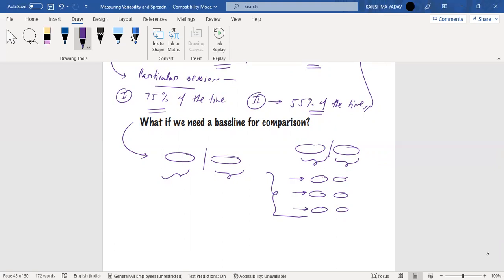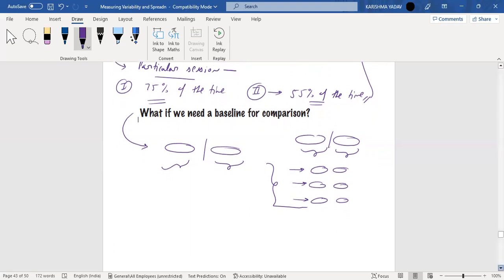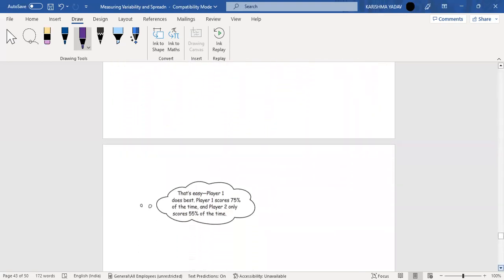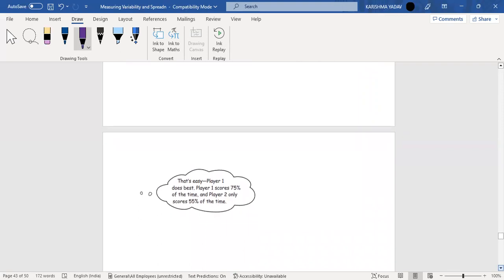First, it says that's easy. Player 1 does best. Player 1 has a mean of 70% and a standard deviation of 20%, and player 2 has a mean of 40% and a standard deviation of 10%.